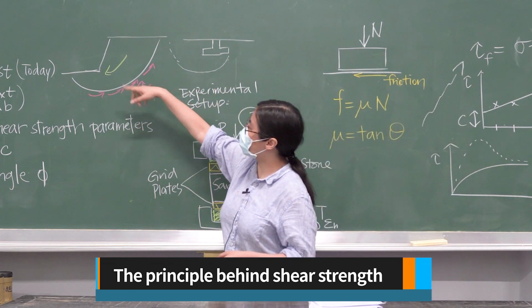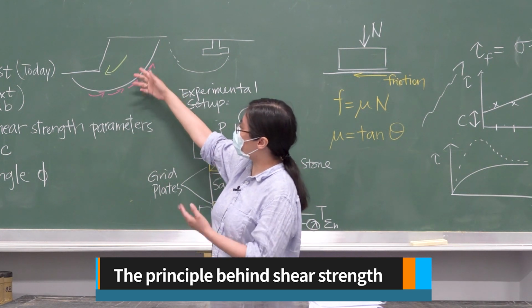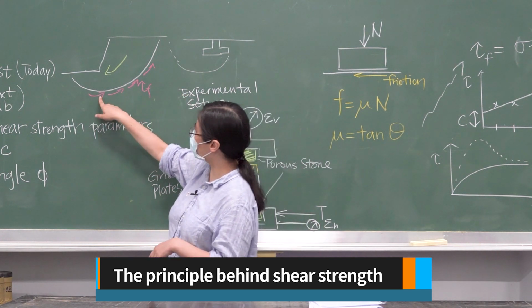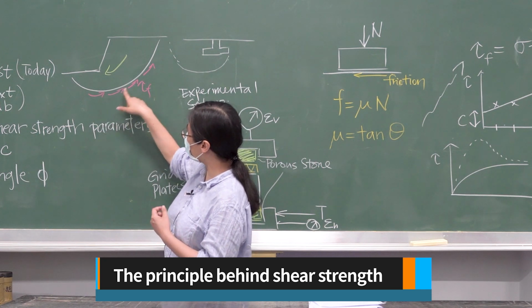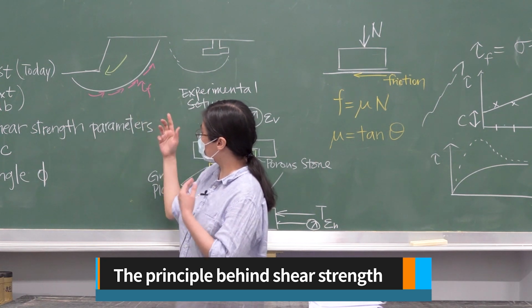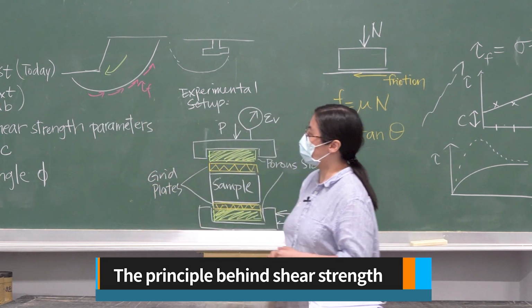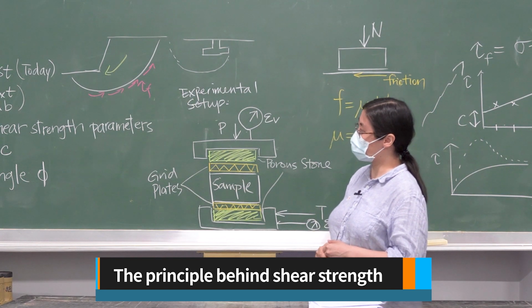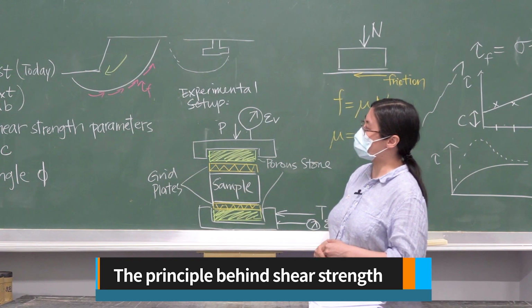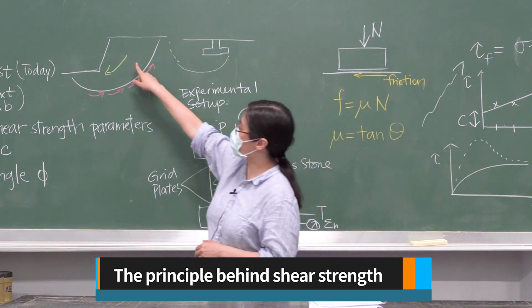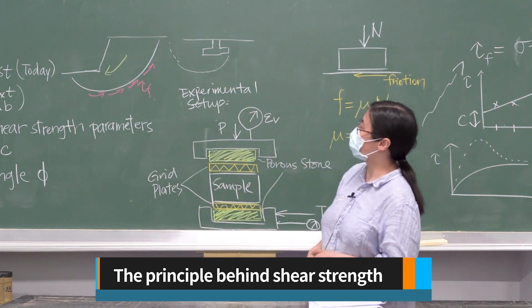If you look at this slope, when it starts to fail, this pink arrow represents the shear strength of the soil because it tries to resist the downward movement of the slope.